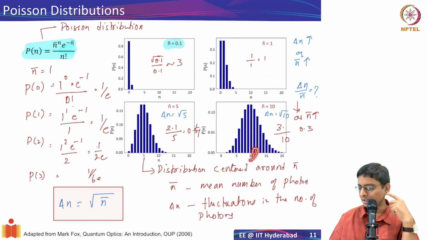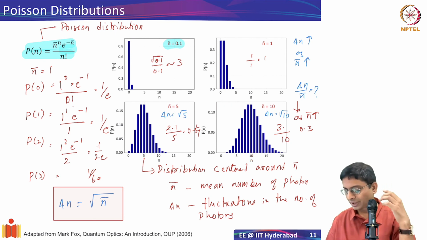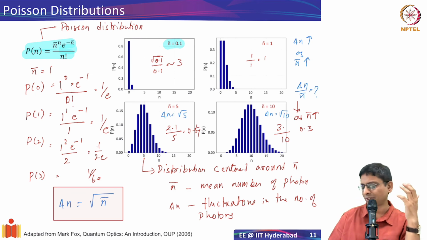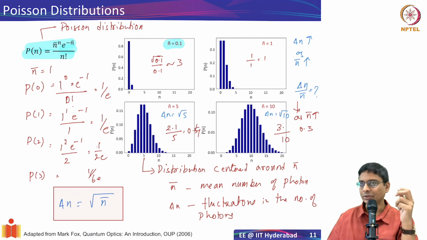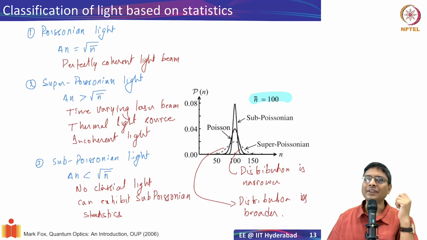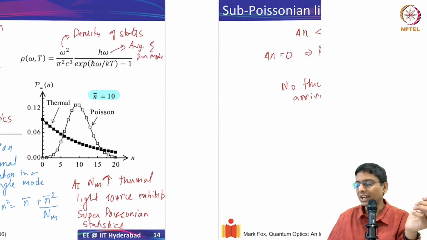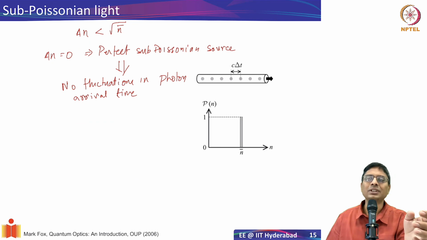Even if you take an n bar of 10, the probability is only about 0.13. So even though the average number of photons is 10, there's only 0.13 probability of finding it when you make a measurement. But if you have a perfectly Sub-Poissonian source, if you make a measurement, you will always find n bar, the average number of photons.